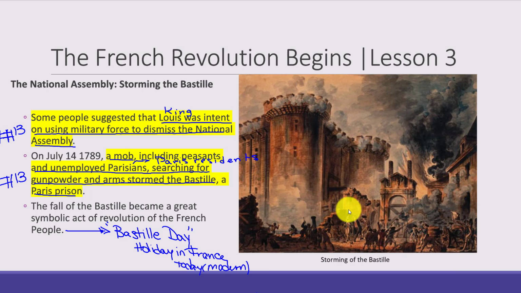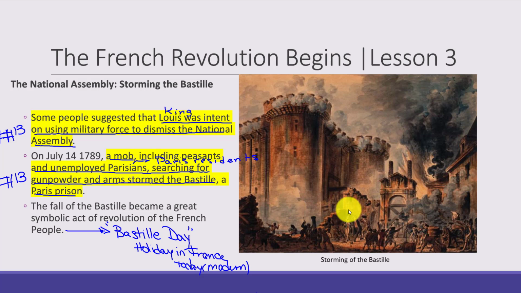All right, so number 13. This was kind of the symbolism of the start. If you had to say a spark, this would be the spark of the French Revolution. Okay. When King Louis XVI heard that there was a national assembly meeting to try to draft a new constitution, it was hearsay, you know how we drop tea or gossip.